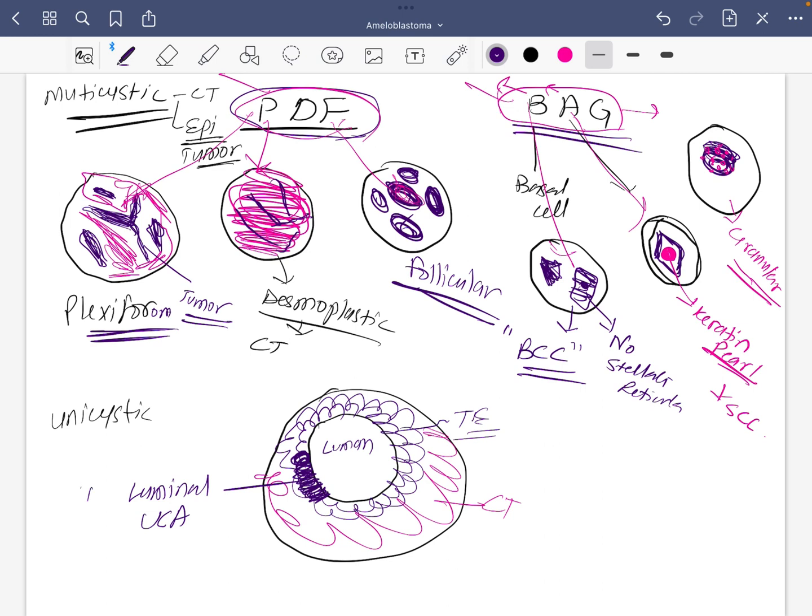If the tumor has penetrated into the lumen, if it grows inside the lumen like this, it is the intraluminal kind of unicystic ameloblastoma, right?